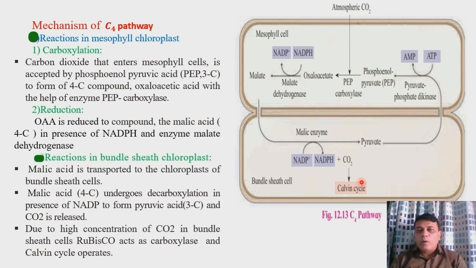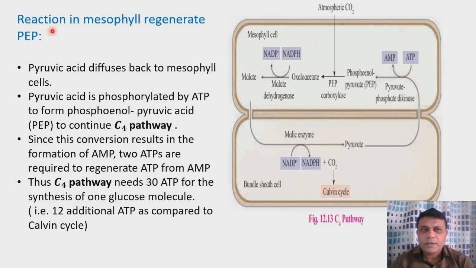And you have already studied regarding Calvin cycle. So in this Calvin cycle, the formation of glucose occurs. So the reaction in mesophyll cell regenerates phosphoenol pyruvate or phosphoenol pyruvic acid.